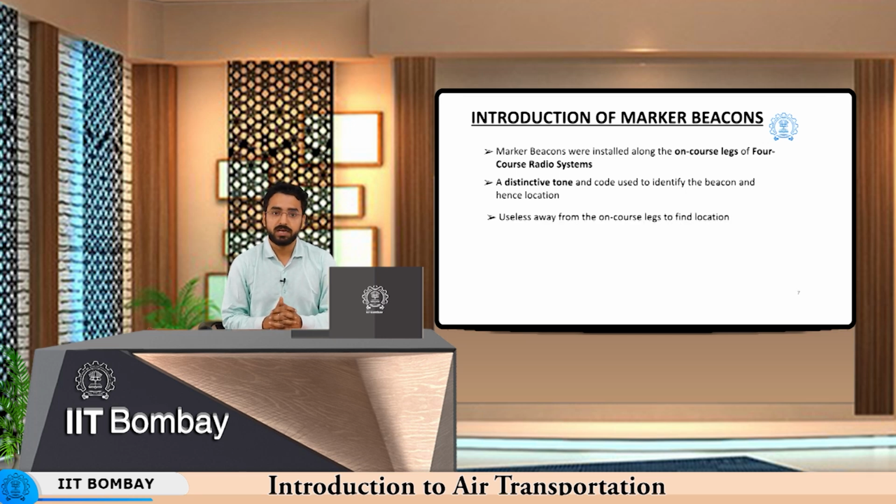However, these came with a shortcoming: the usage of these navigation aids along with the marker beacons was useless if the pilot operated away from any on course legs. Basically, these marker beacons were only helpful when the plane was on the actual approach leg of the VR station.